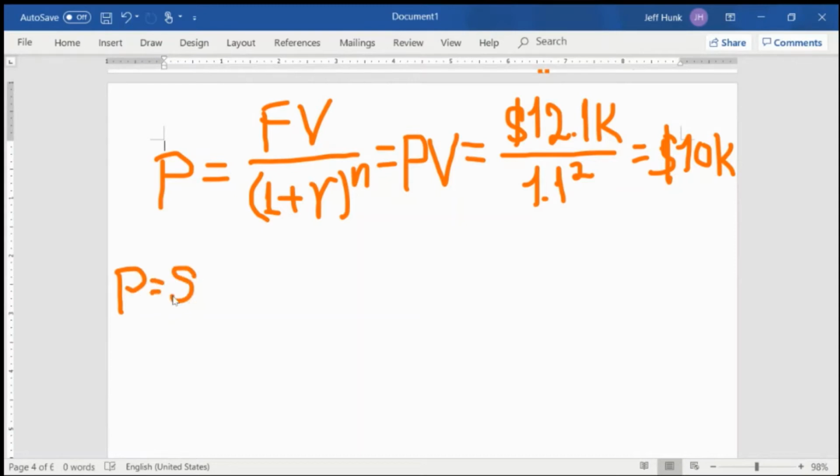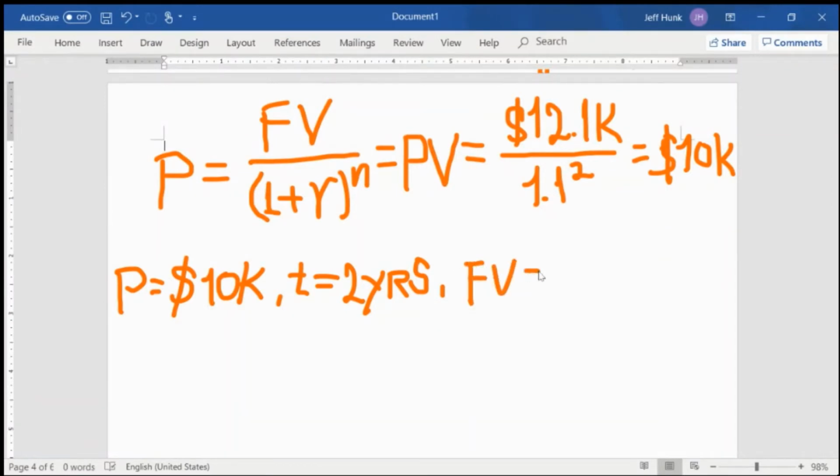The assumption is that we have 10K today, and in 2 years you want to have 12.1K for future value.